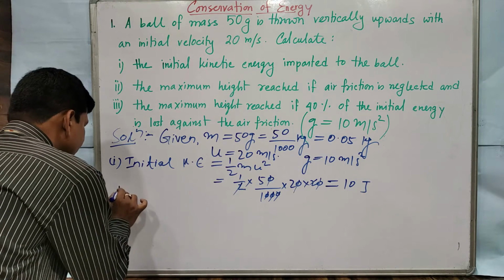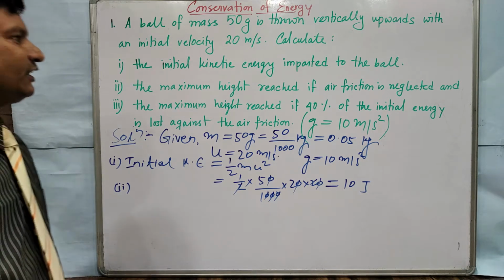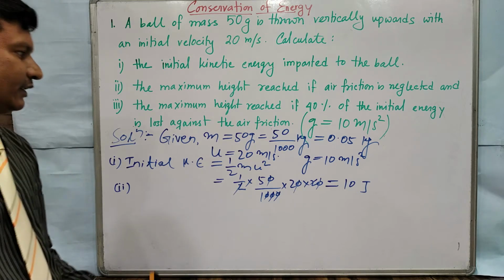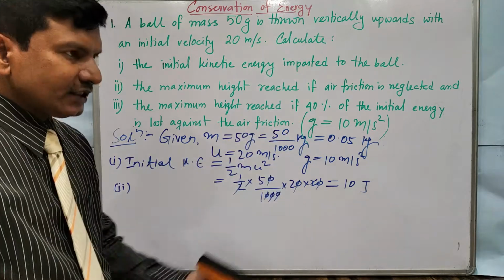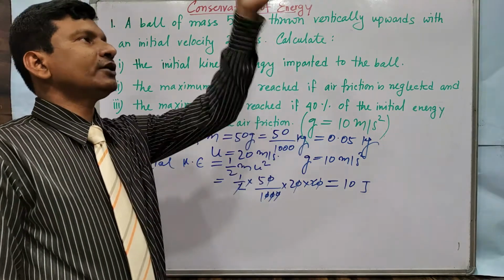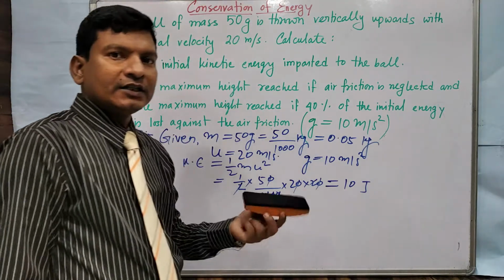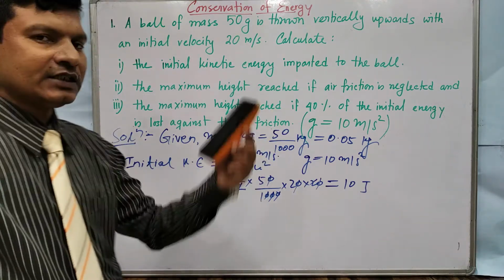Now number 2 question, it asks for the maximum height reached if the air friction is neglected. Now how can you find the maximum height? See, when the ball is thrown in the vertical upward direction, this initial kinetic energy converts into potential energy. At the highest point of reach, or at the maximum height, the potential energy is equal to the initial kinetic energy.